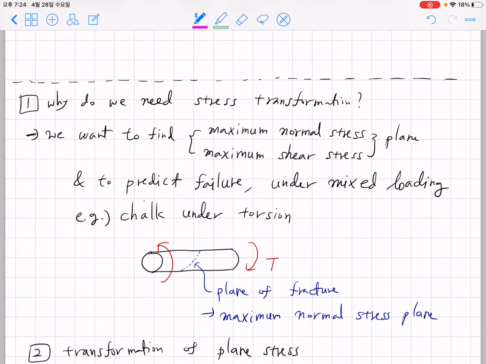Why do we need stress transformation? The reason is very simple. First, as I told you, we want to combine and find the maximum normal stress plane and maximum shear stress plane.